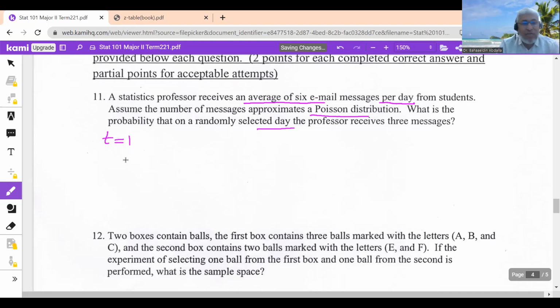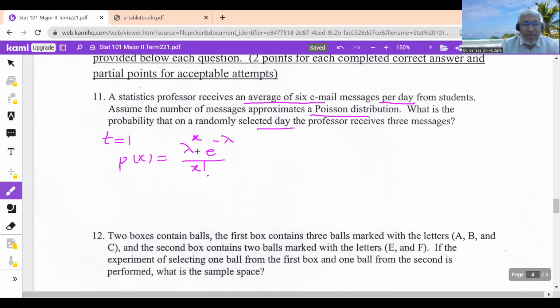And if t is 1, then the probability of x, the Poisson, would be lambda, which is the average, to the power x, times e to the power negative lambda, over x factorial.